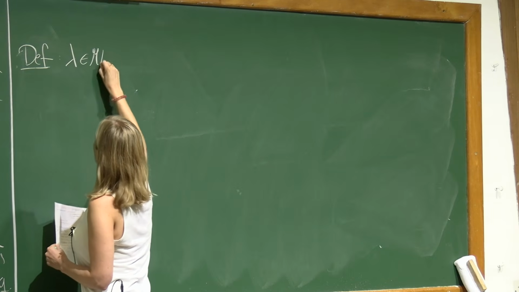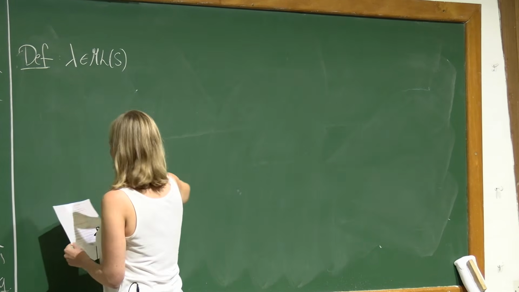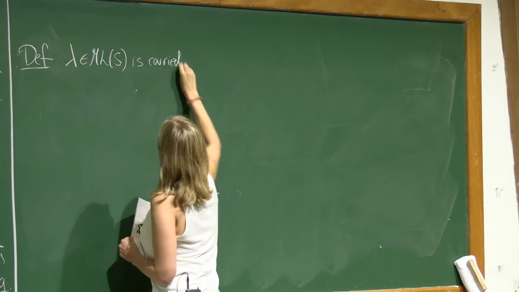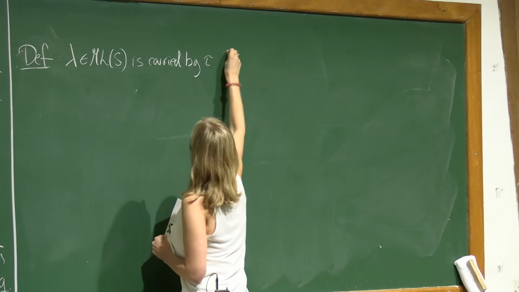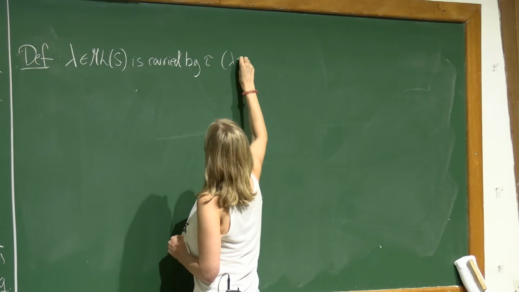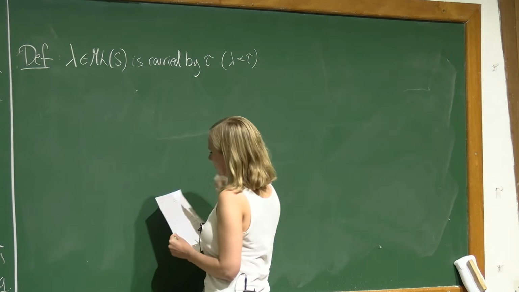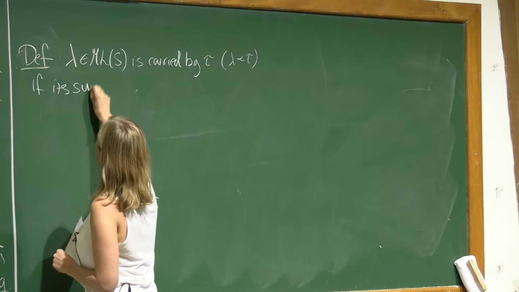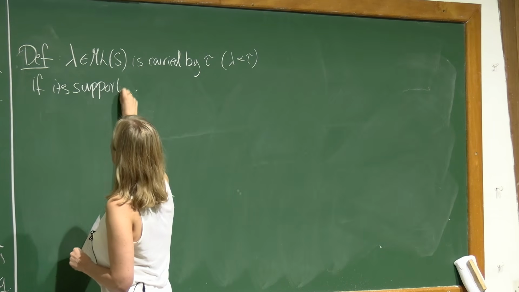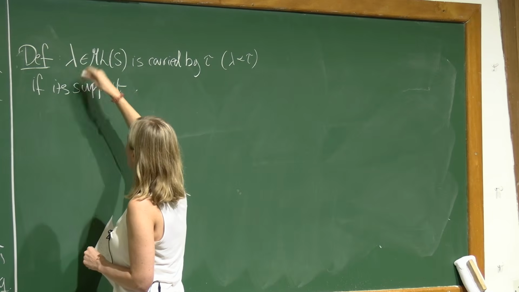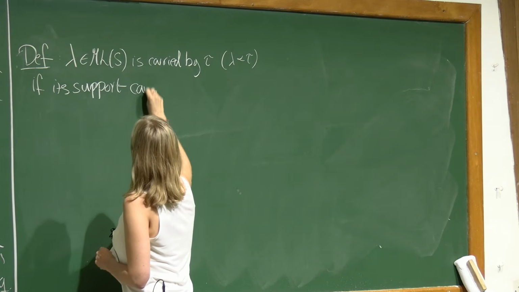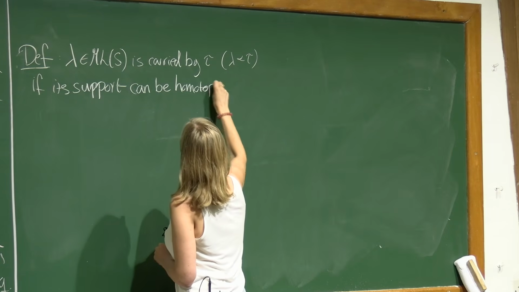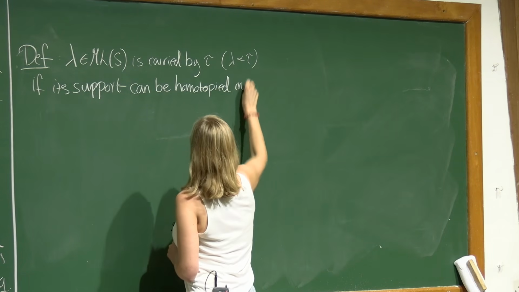So a measure lamination is carried by train track tau, where you usually write lambda and this thing, tau, if it supports, so the underlying lamination can be homotoped into tau.